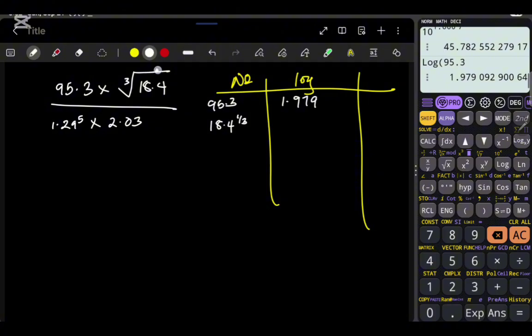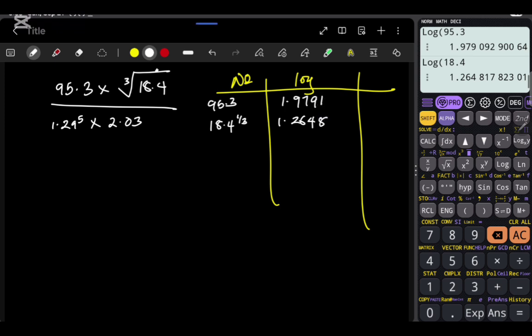So this root can also be written as this. The log of that is 1.2648.